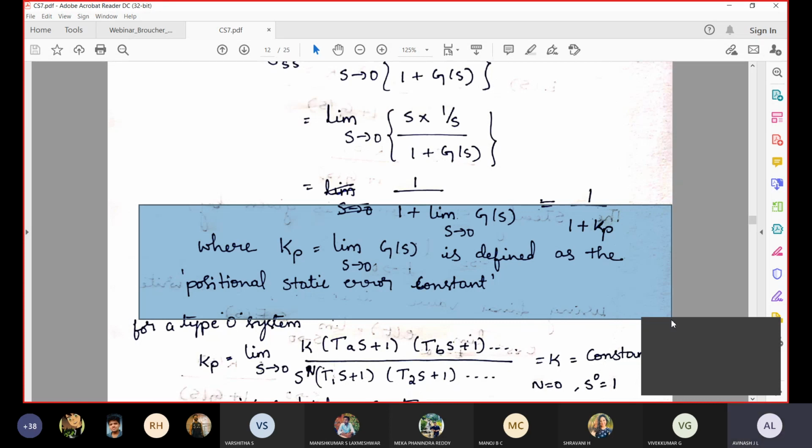So now you relate it like this. The unit step function is related to the positional static error constant. The unit ramp function is related to the velocity static error constant. The parabolic function is related to the next one. What is the next thing?